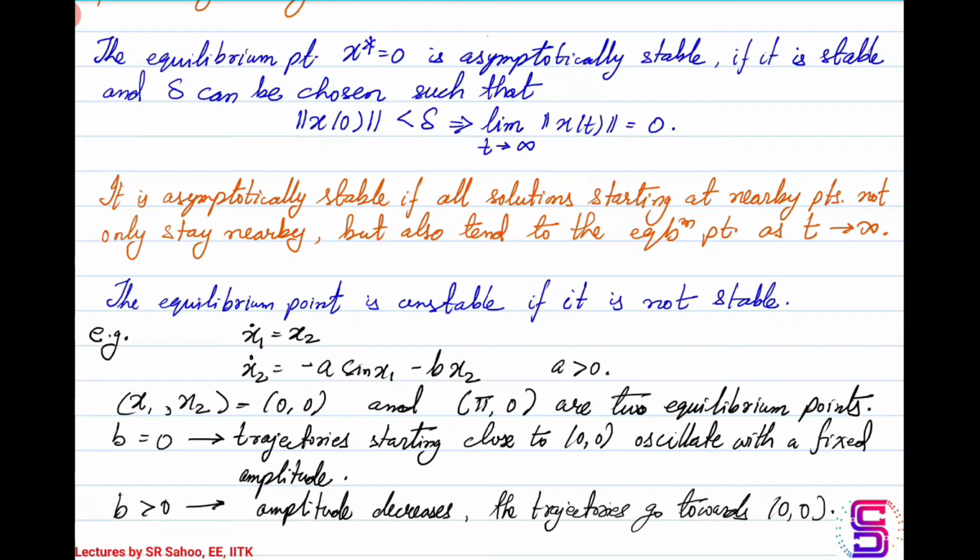So consider this particular example: x1 dot equal to x2 and x2 dot is equal to minus a sin x1 minus b x2, where a is greater than 0.